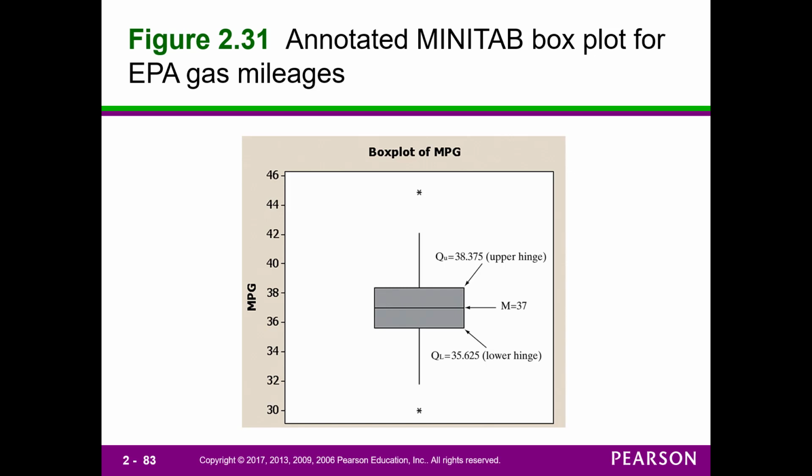For example, the inner fence on the lower side of the gas mileage box plot is equal to the lower hinge minus 1.5 interquartile range, that will be 31.5.